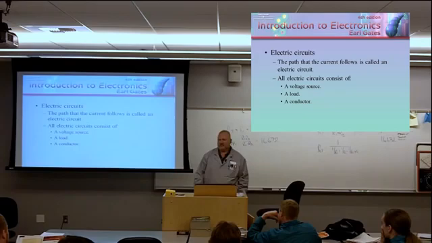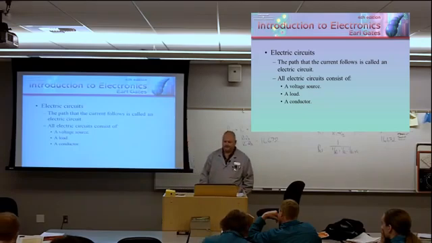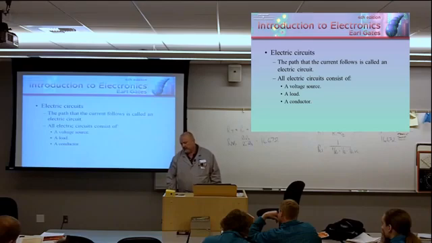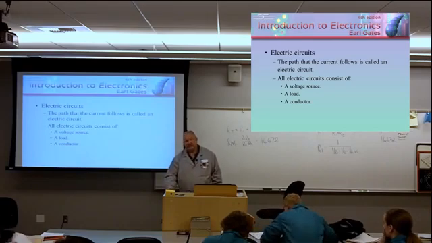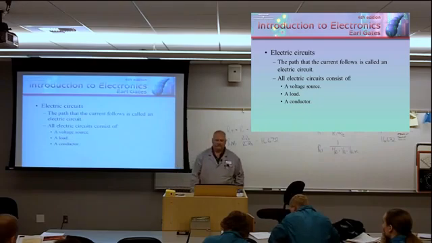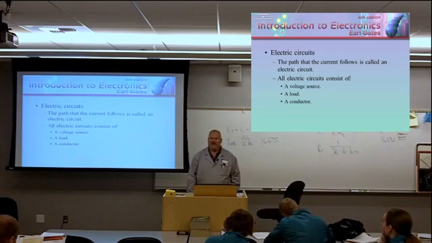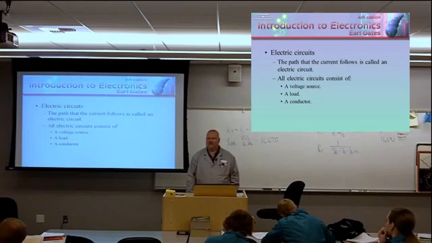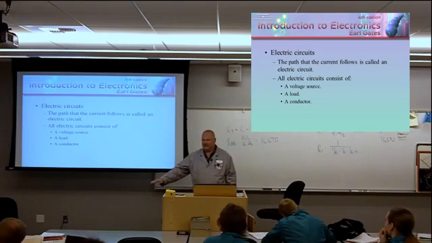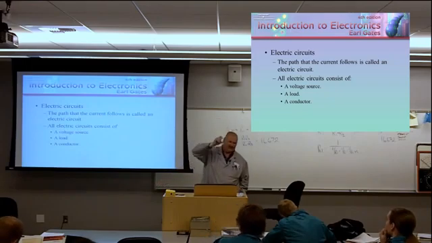I'm going to add 2 other optional parts that are not in the book. The other optional device, most circuits have them, not all do, is a controlling device. A simple example of a controlling device is a switch. A simple example of a complex controlling device is a microprocessor with 1.9 billion transistors on it. So you see, that's where we're going in this course, by the way, from one switch to 1.9 billion switches in a microprocessor.